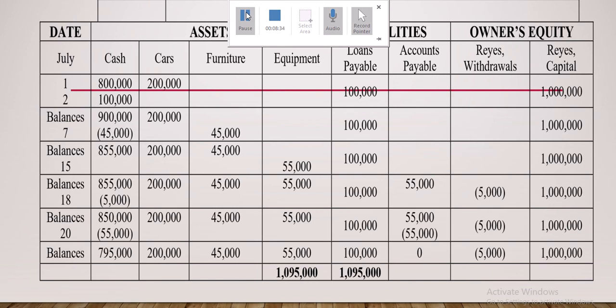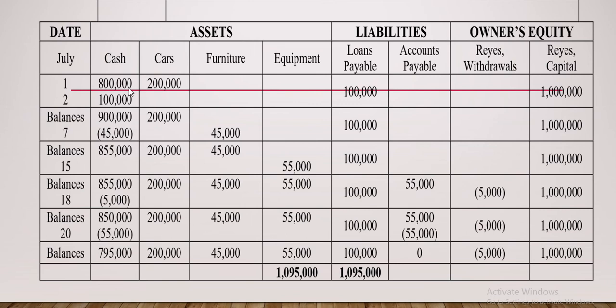Okay, so kung babalikan natin 800,000, so in the following day he borrowed cash from PNB worth 100,000. So kung titingnan natin dito, yung cash niya is 900 and then balance cars is 200, loans payable is 100,000 and Reyes capital is 1 million.